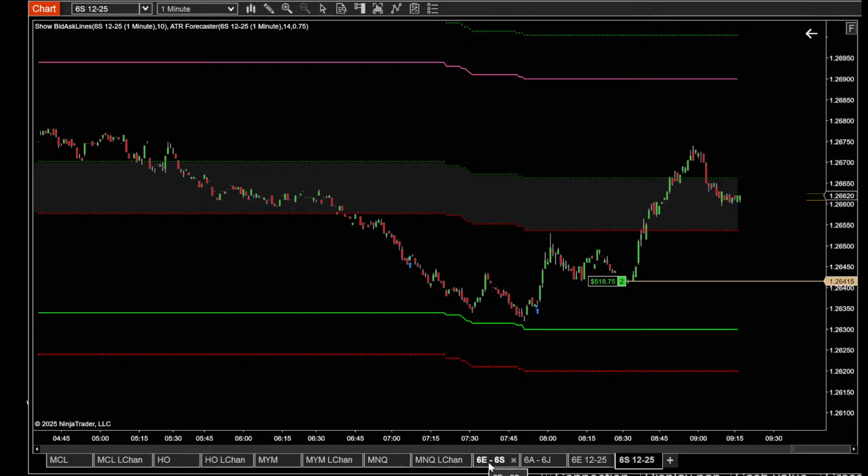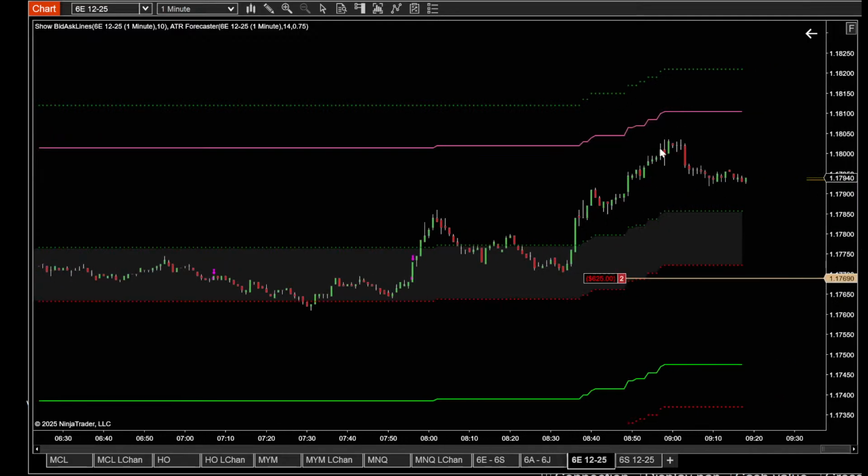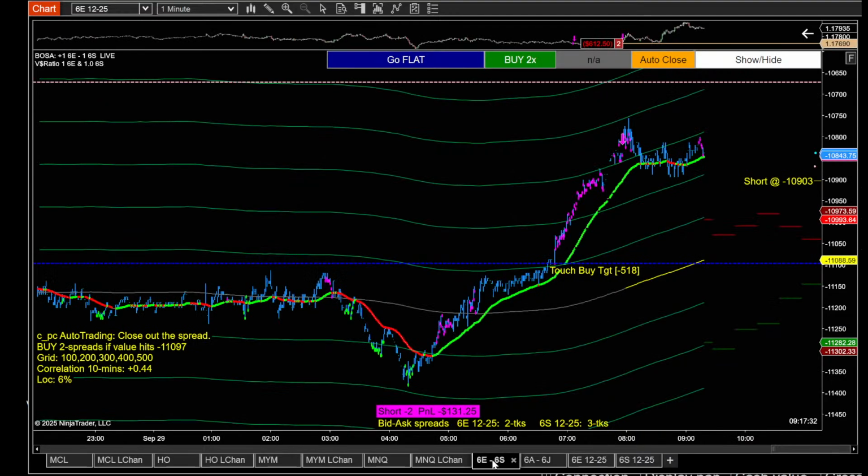We shorted the 6E. Now, unfortunately, the 6E did a really strong pop northward, and that has put us a little bit behind the eight ball. We're only down 131 on a floating unrealized P&L. I would be thrilled to have our target hit at 88 to 900.